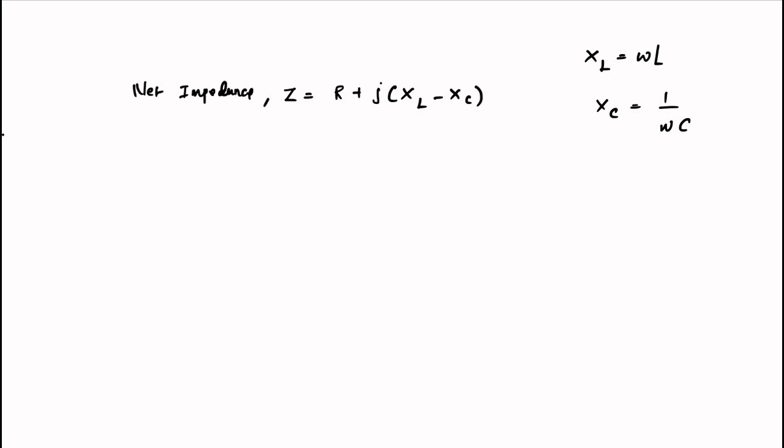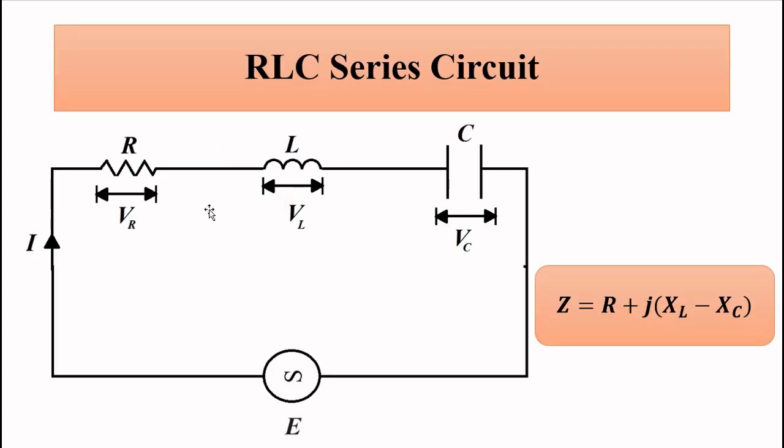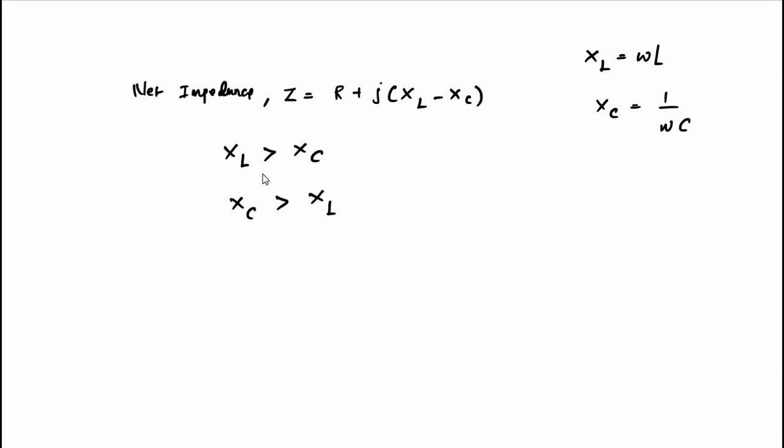So here whether XL, the inductive reactance, is greater than the capacitive reactance or the capacitive reactance is greater than the inductive reactance, that decides the overall behavior of the RLC circuit. Which parameter dominates? The reactance parameter.